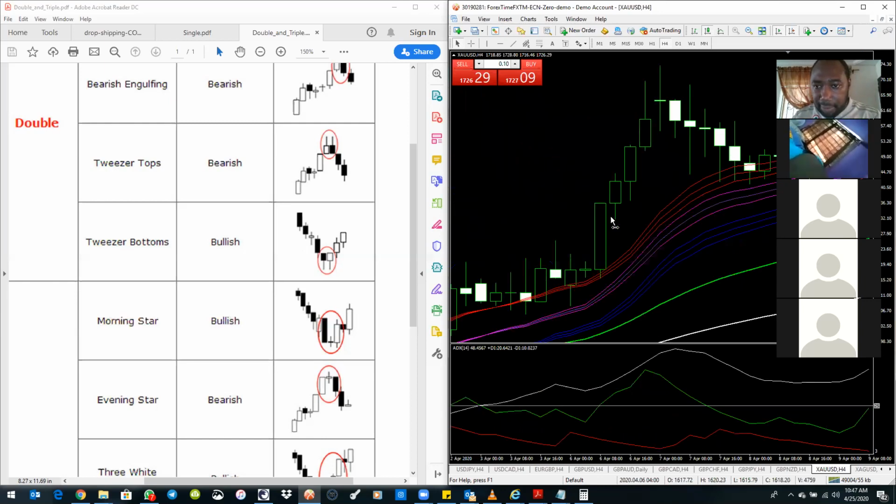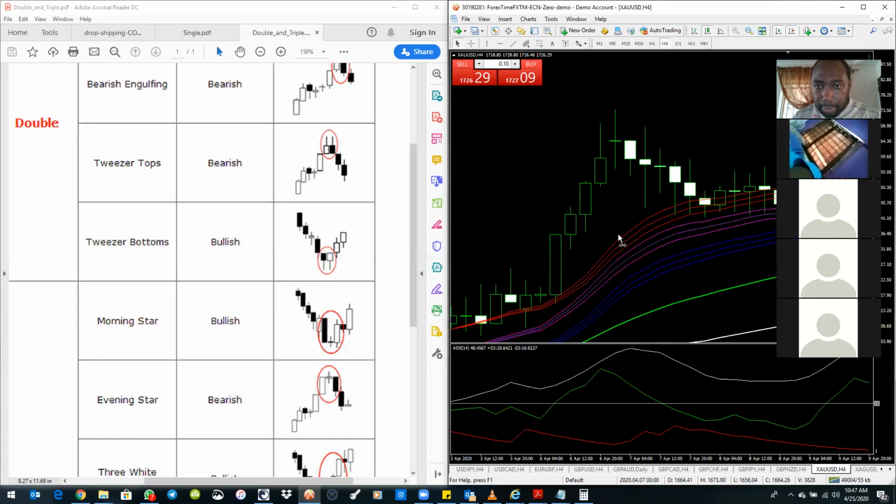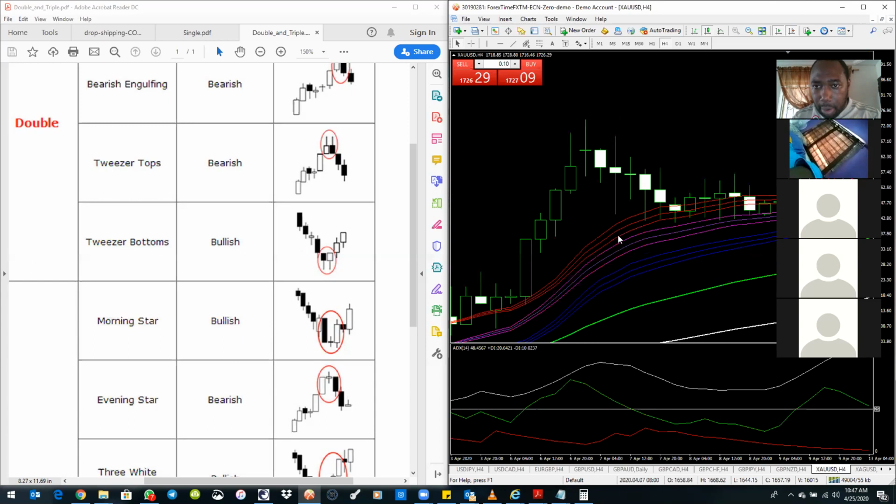but let me see if I can get an example. If you can see what is happening on my screen here, this is a doji. You can see the market was bullish. We're looking at gold now.